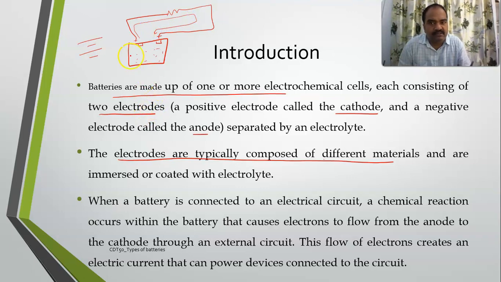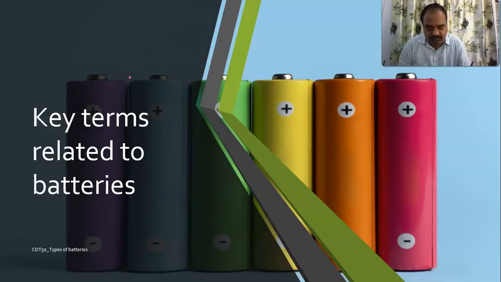This flow of electrons is nothing but a current flowing in the path, and thereby you can deliver power. Whether you connect it to an external circuit or not, there will be some voltage across the terminals. Now, what are the key terms related to batteries?